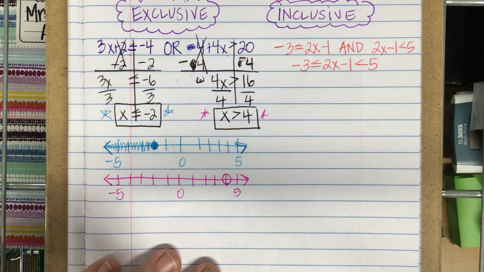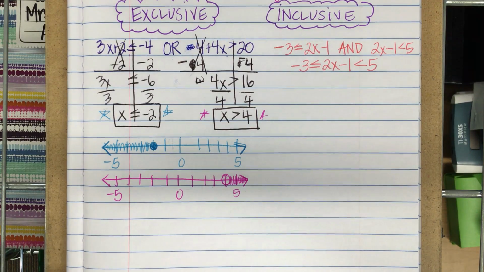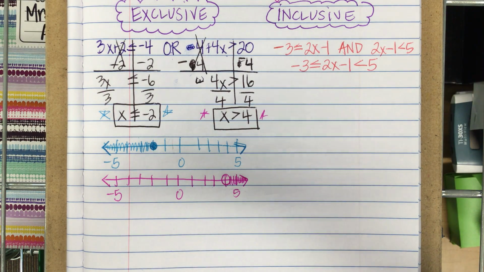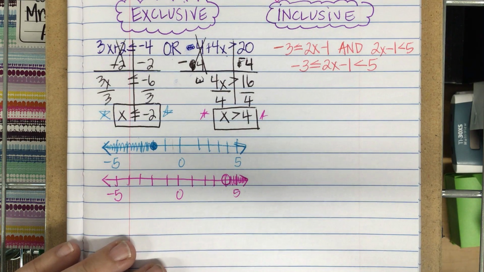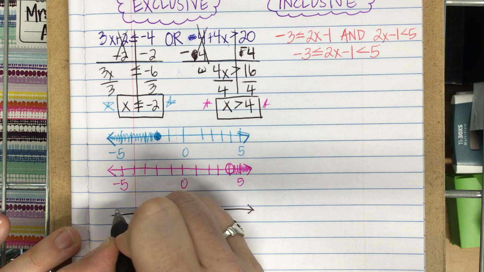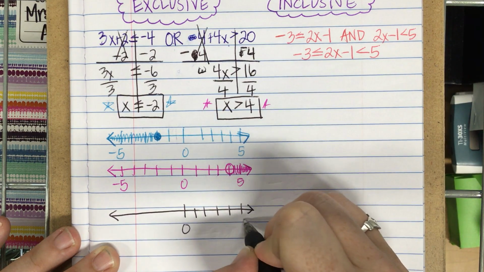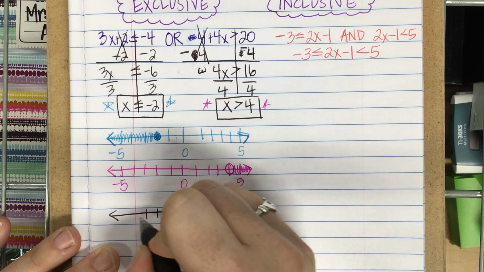Which way? My answer is both of them together. My answer is both of these on the same number line.